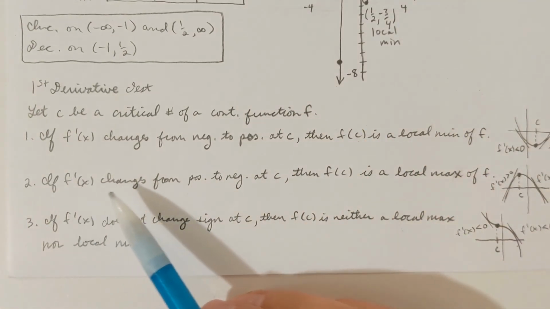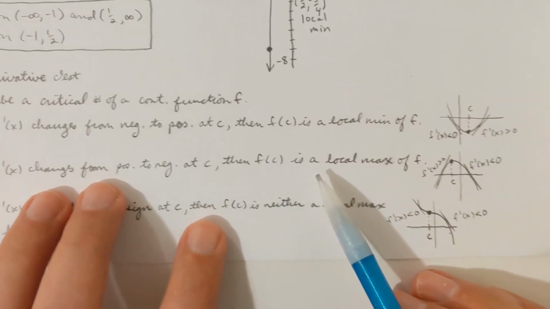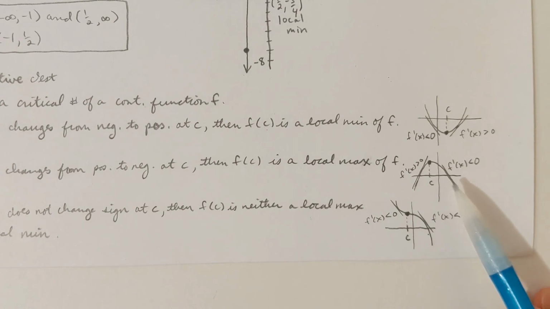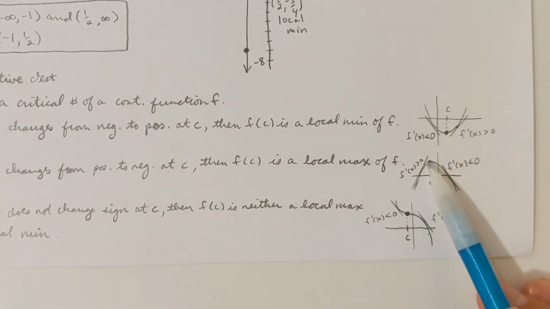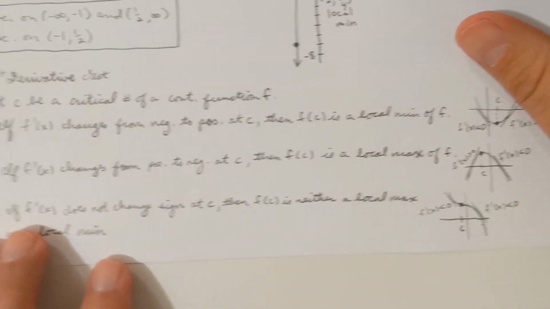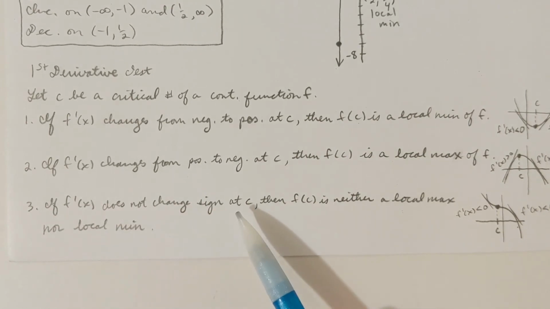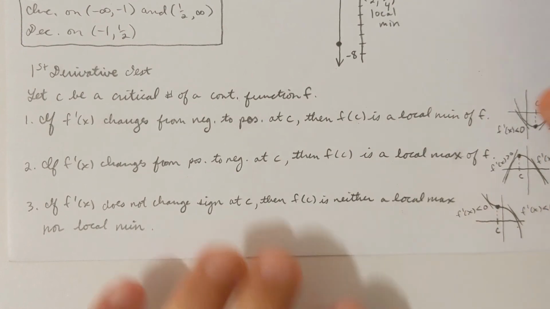Item 2, if f prime of x changes from positive to negative at c, then f of c is a local max, right? If you go from increasing to decreasing, there's going to be a hill on the graph, creating a max at this spot, whatever c is. Item 3, if f prime of x does not change sign at c, then f of c is neither a local max nor a local min.